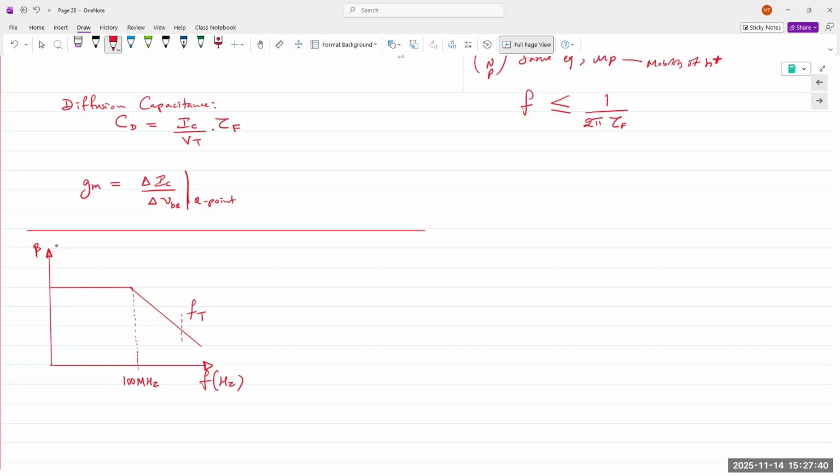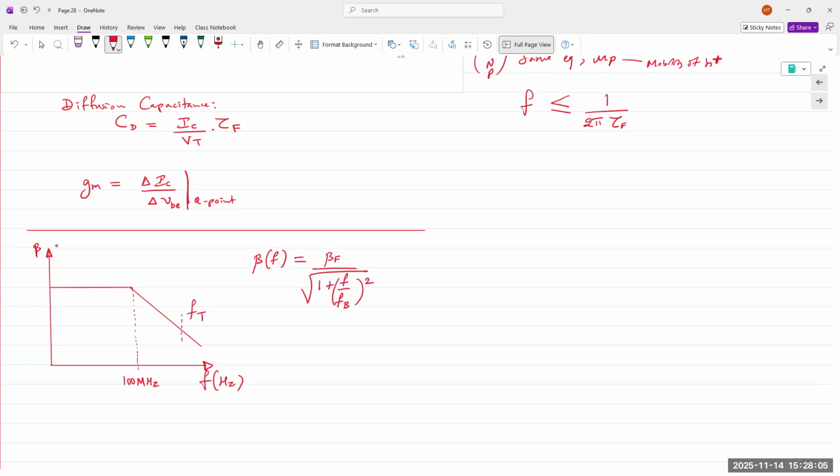And we can define beta as a function of frequency by this equation: beta as a function of frequency is given by the forward current gain beta F divided by 1 plus F over FB, which is that cutoff frequency.